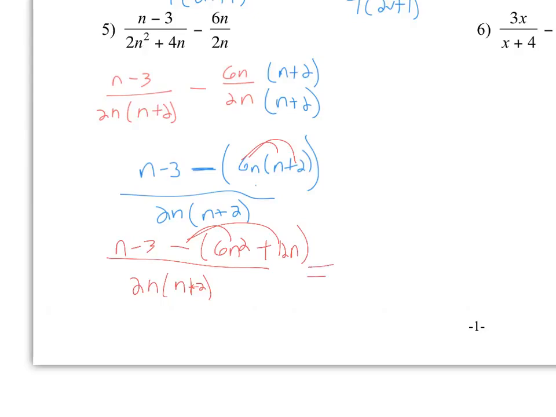So my simplified version is going to be n minus 3 minus 6n squared minus 12n all over 2n times n plus 2. Whoa, that is the worst plus sign I think I've done in a while.